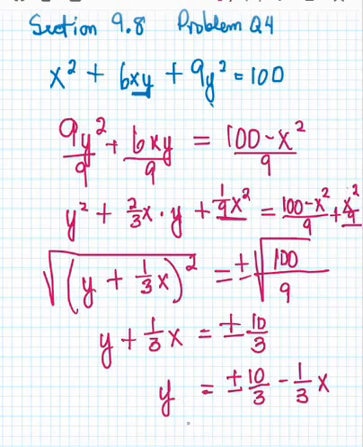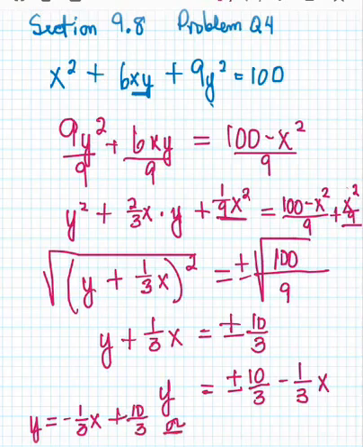Look at the way we could write this: y equals negative 1/3 x plus 10 thirds, in slope-intercept form, or y equals negative 1/3 x minus 10 thirds. Those are the two lines right there. Those are the two parallel lines.